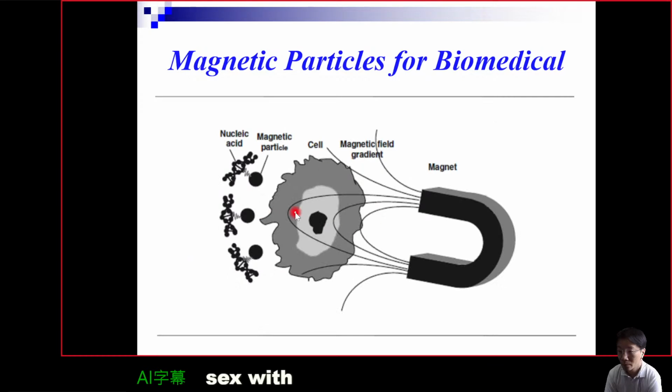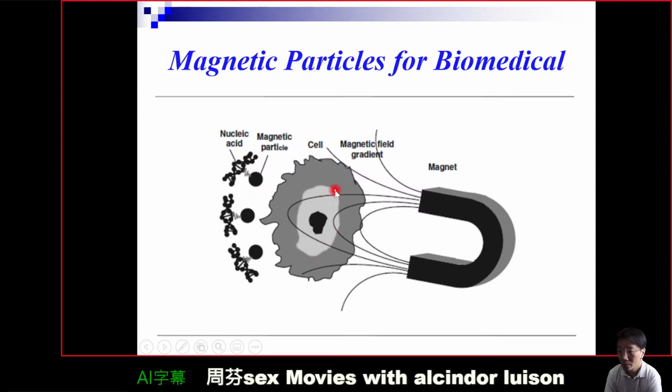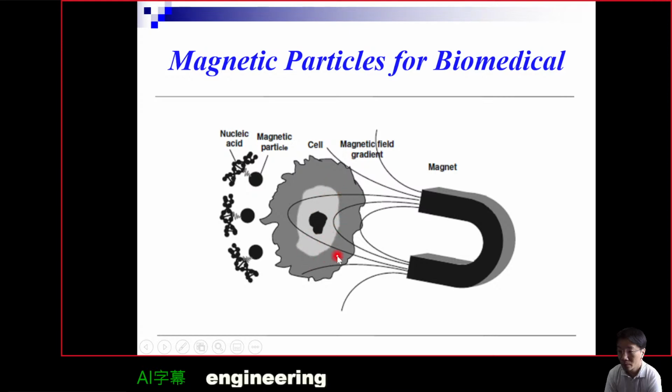So this is the plot for this mechanism. The gradient magnetic field guides the magnetic particle close to the cell, and in short, the cell will eat this magnetic particle. When it enters the cell, the nucleic acid will release itself, and that will be doing some gene engineering, modifying your DNA and repairing some damaged DNA here.